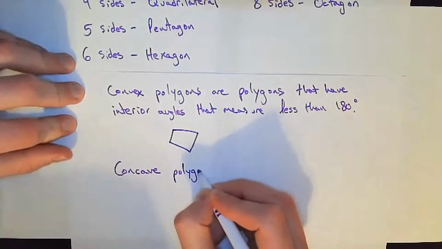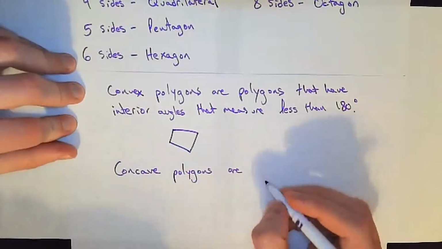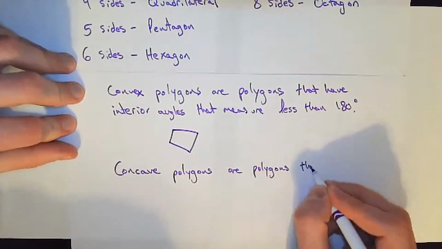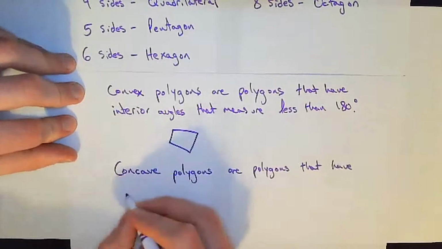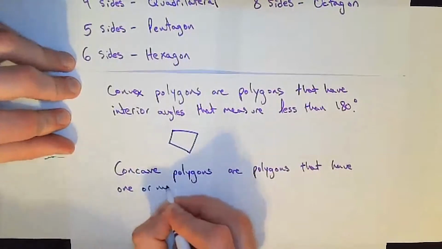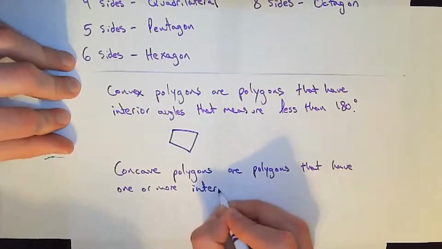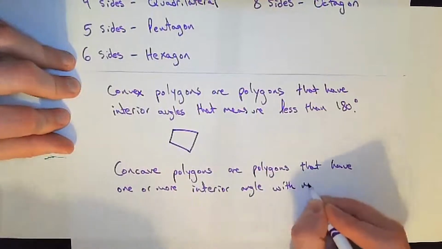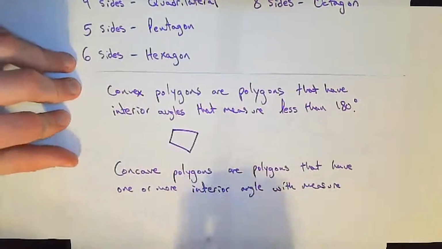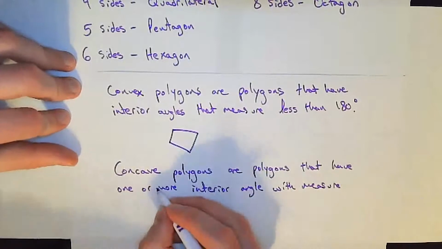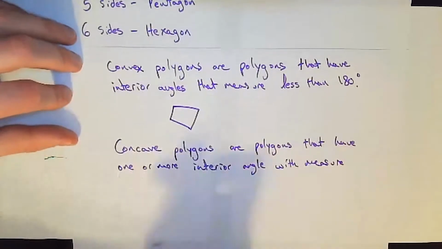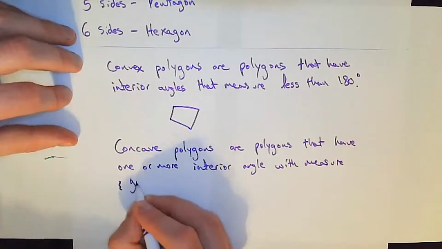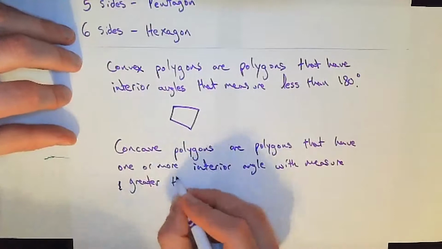Concave polygons are polygons that have one or more interior angles with measure greater than 180 degrees.